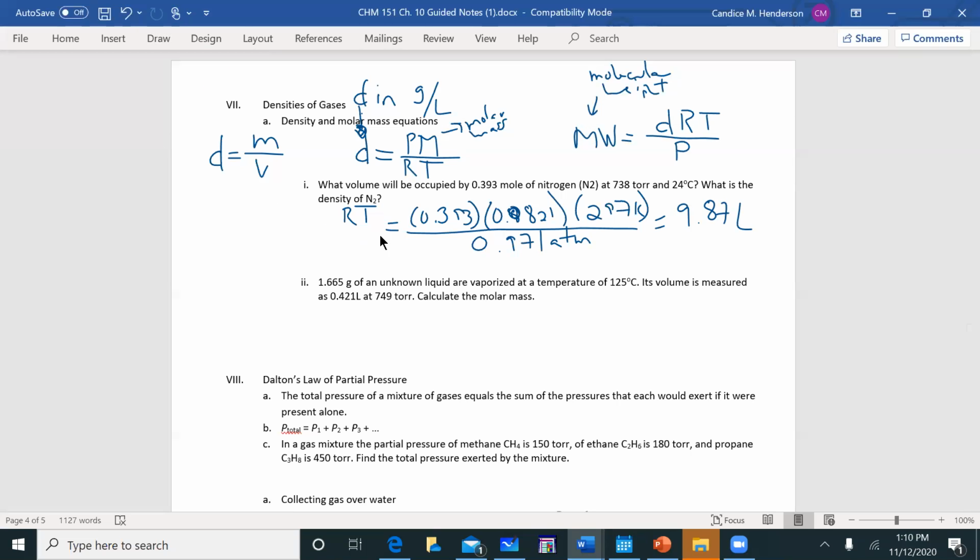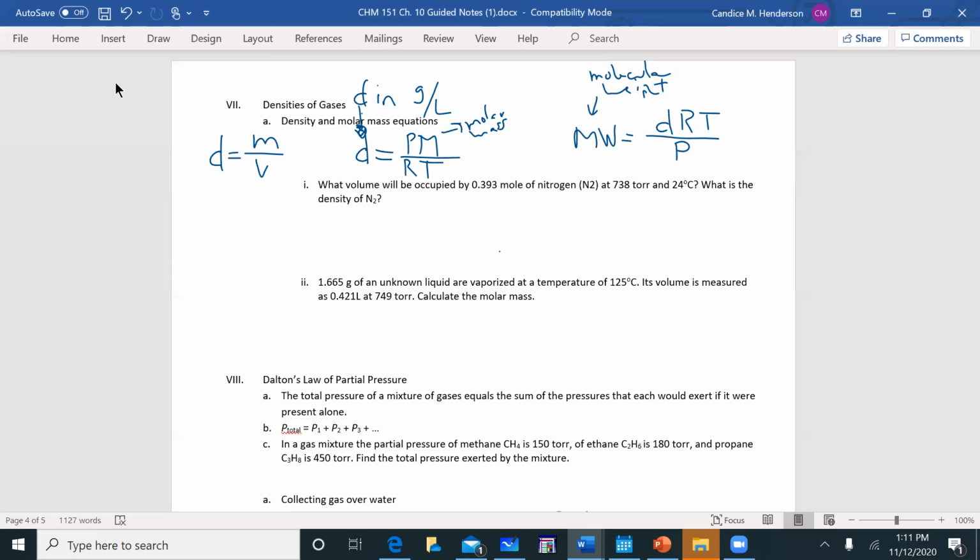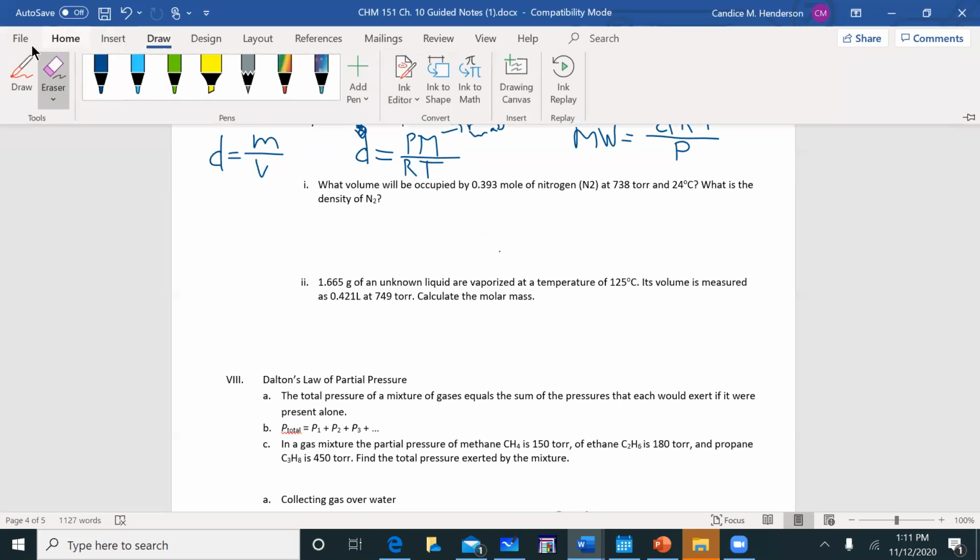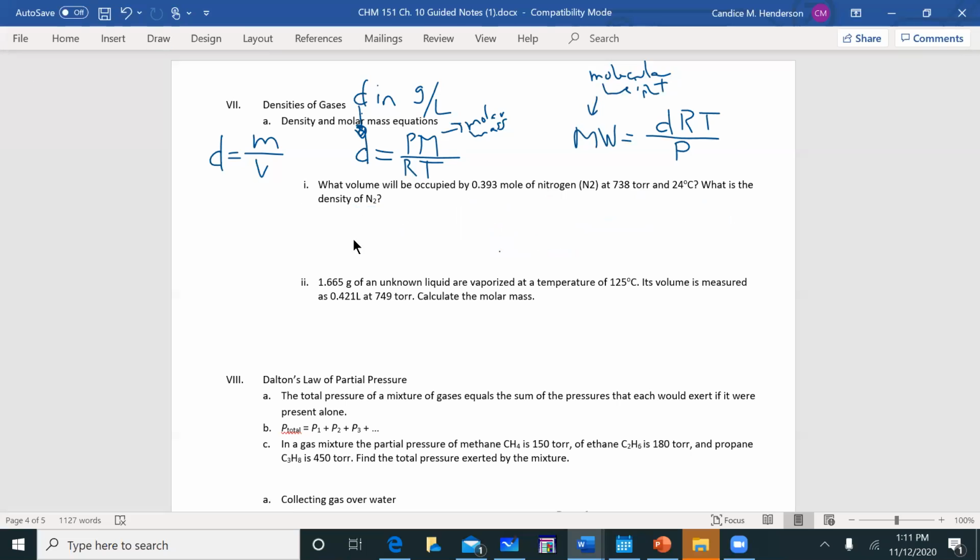But the second thing is saying, hey, can you tell me the density of this? And we can. One thing we could do is take my moles and convert it into grams and then divide it by however many liters we have. Or let's try and use the equation just in case that first part of the problem wasn't there for you. So density is going to equal my pressure times my molar mass all over my R times my temperature.